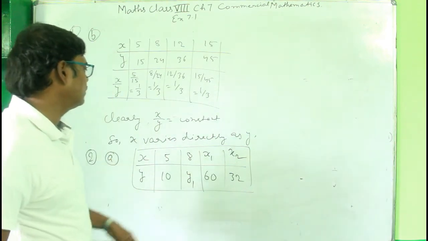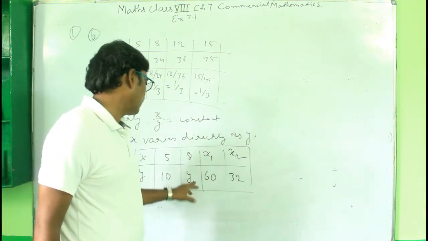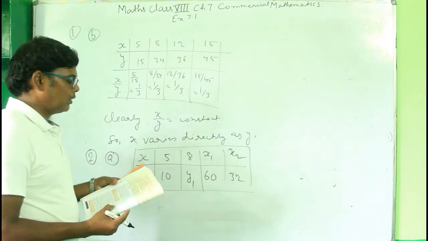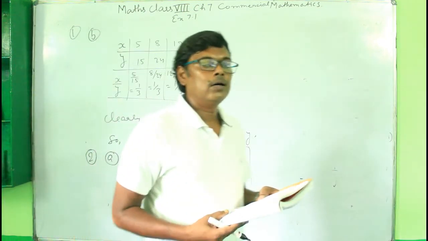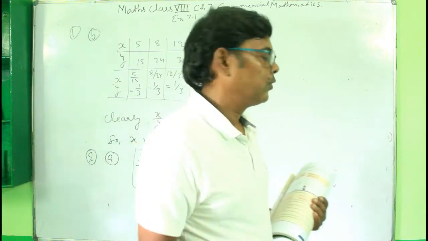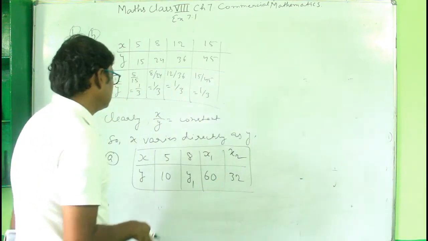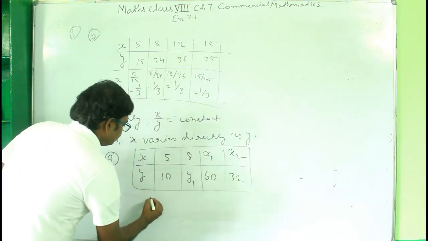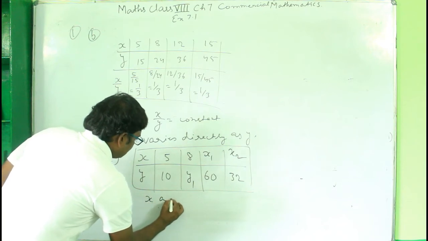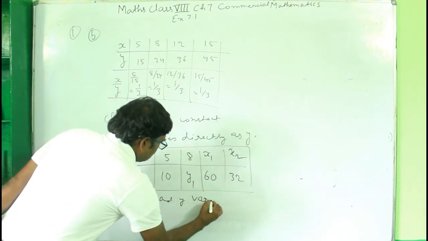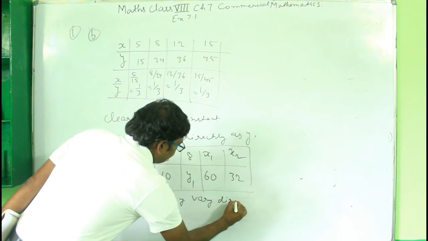Here we have to find the missing numbers x1, x2 and y1. Because you are given in the question that x and y vary directly.